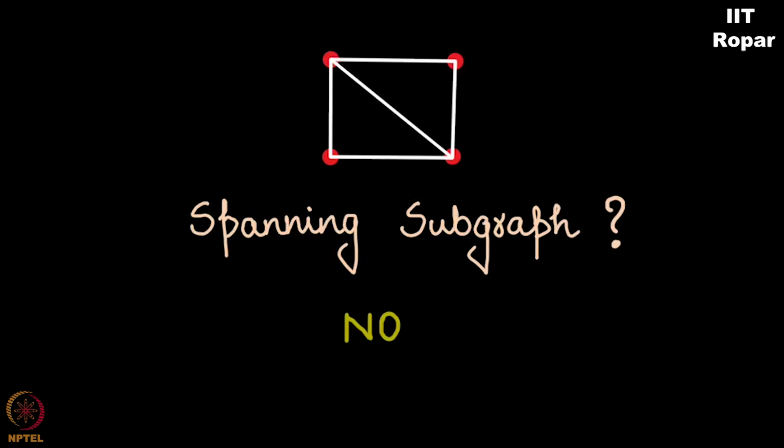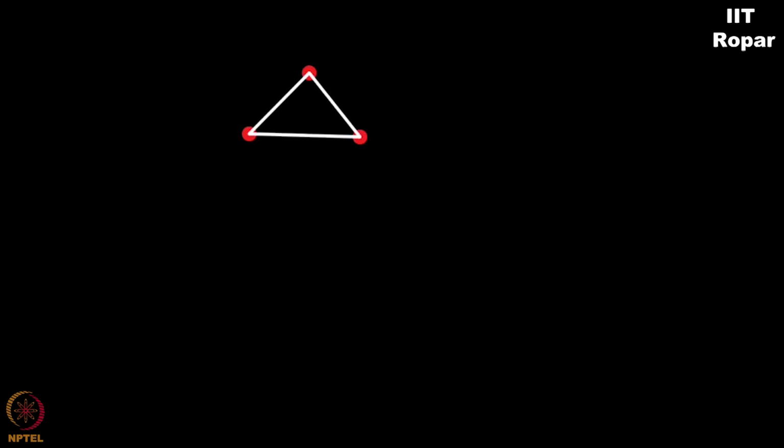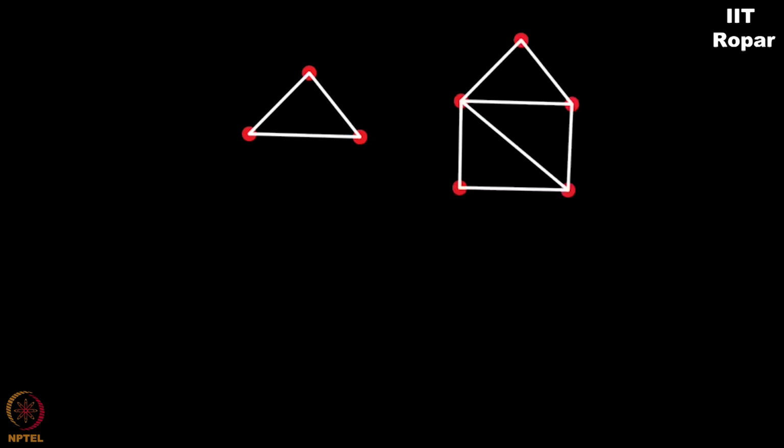Now, let me take another example. If I consider these 3 vertices of the same graph, this is a subgraph of this graph itself. Now, do you see that I have written all the edges corresponding to these 3 vertices? Haven't I?